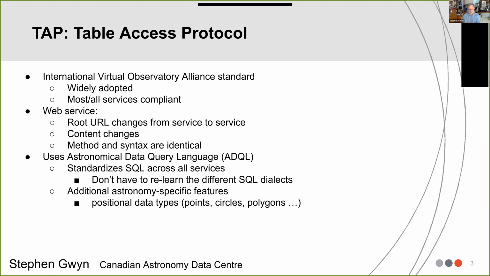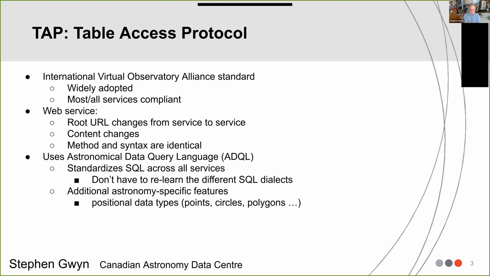TAP uses the Astronomical Data Query Language, which is yet another variant of SQL. But the advantage of ADQL is that it's standard for all services, so all the TAP services agree that they're going to use this particular flavor of SQL. So you don't have to argue about whether it's TOP 10 versus LIMIT 10 or what have you, all the various different SQL dialects.